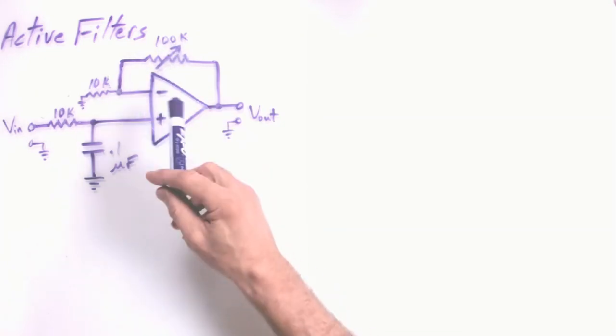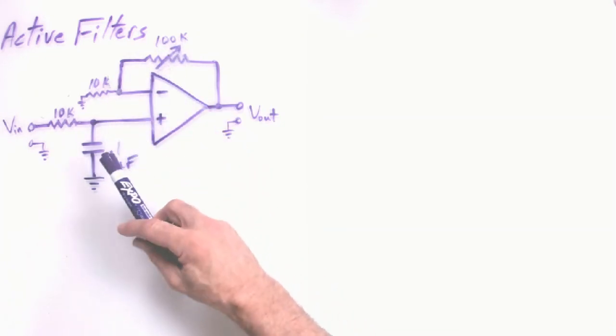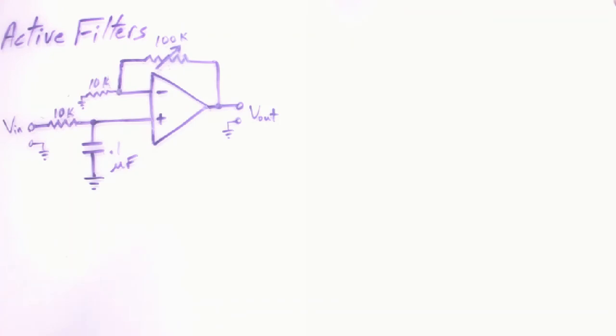We have our 100K pot being used as a variable resistor, so it could vary up to a gain of 11. And once again, we have that same example of electronics where each little thing that we learn maybe isn't difficult in its own right, but the trick is definitely remembering each little thing.